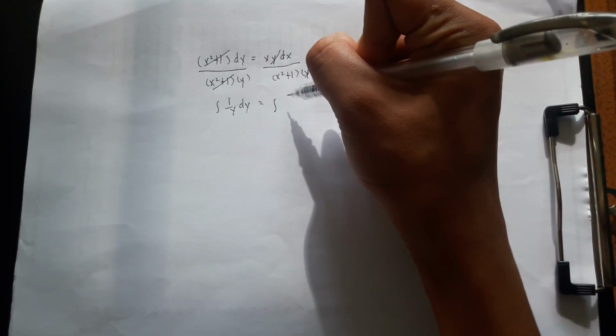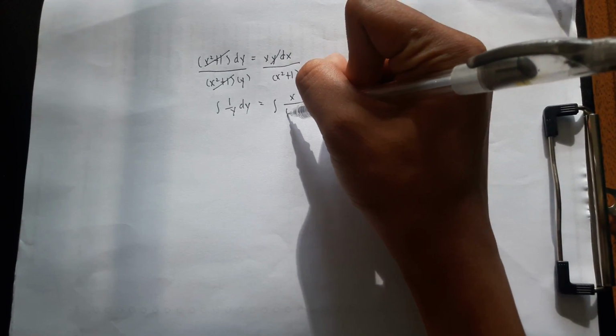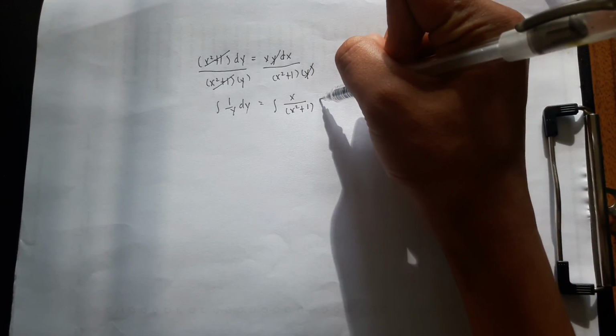So you need to divide by x squared plus 1 and y in the equation, so that it will become the antiderivative of 1 over y dy is equal to the antiderivative of the quantity of x over x squared plus 1 dx.